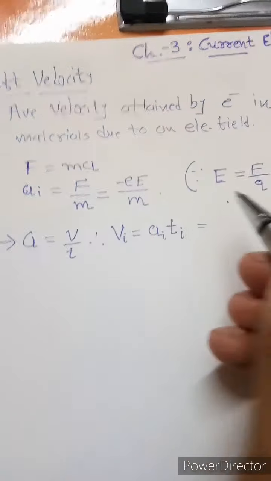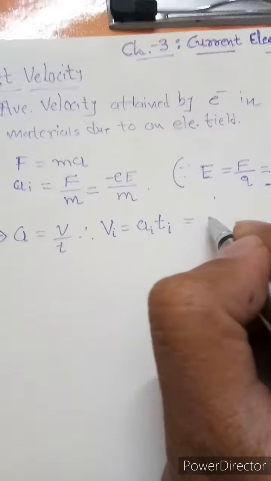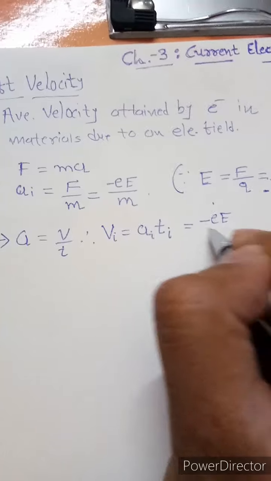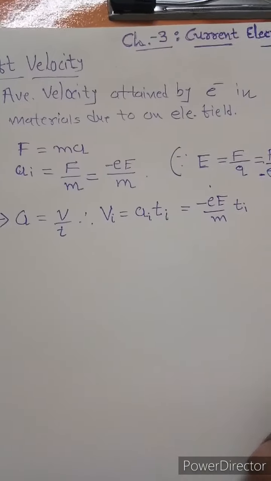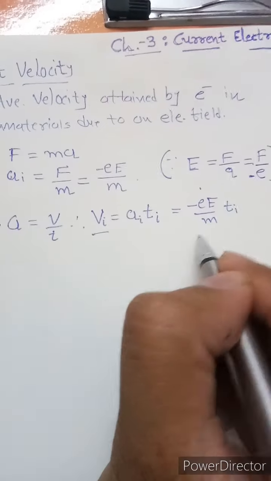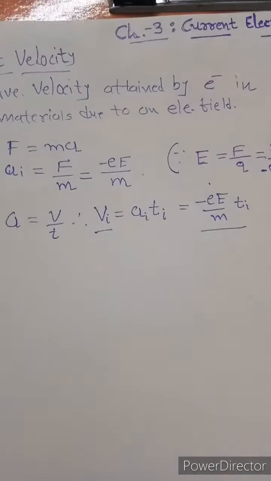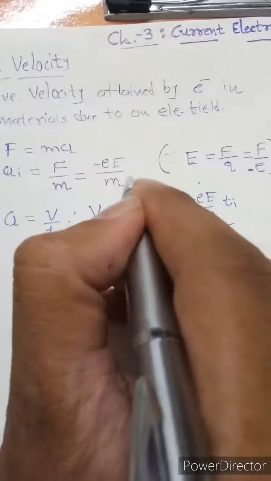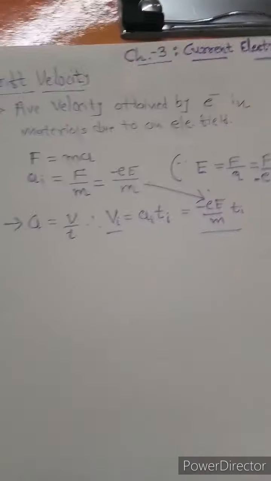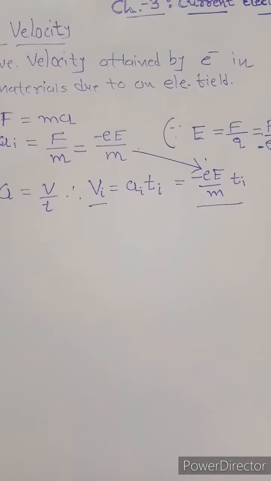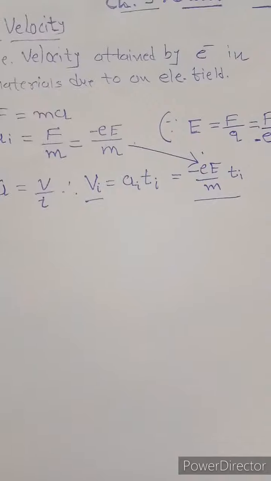Putting the value of this, which is minus eE upon m into ti, you will get the formula of vi, which is minus eE upon m into ti. This formula is for velocity of the electron of single collision.